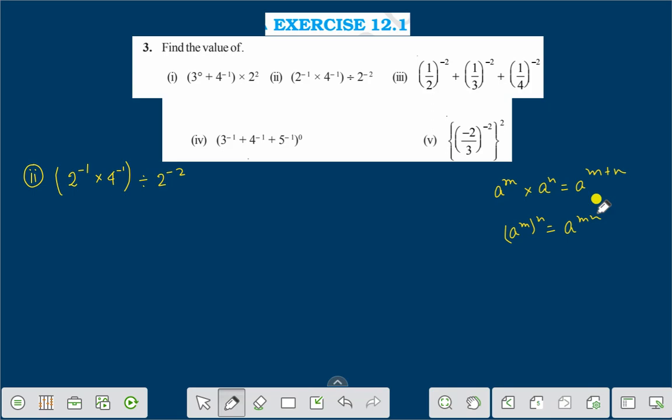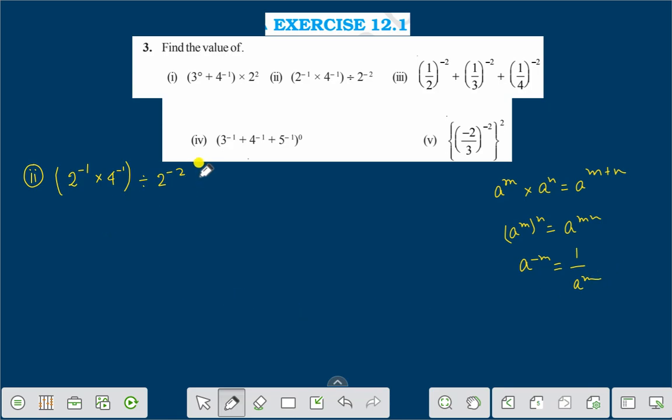We'll apply these two formulas for solving question number 2, right? Here we got 2 to the power minus 1 and 4 to the power minus 1. Or you can use this formula also, that a to the power minus m is equal to 1 by a to the power m. We can apply these three formulas here.